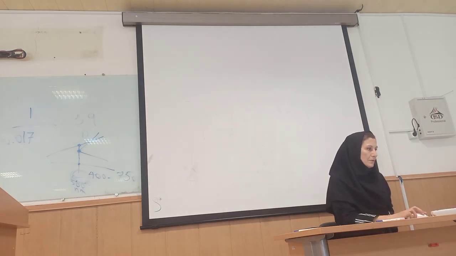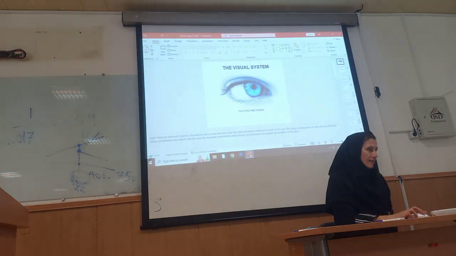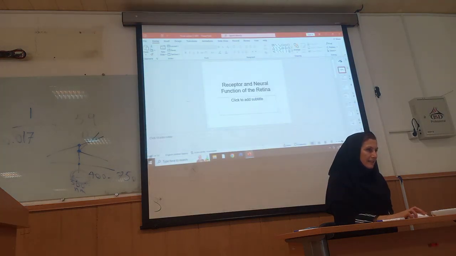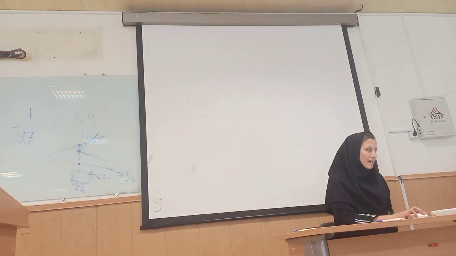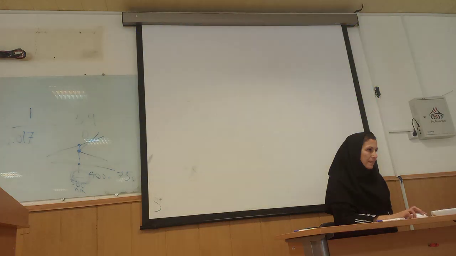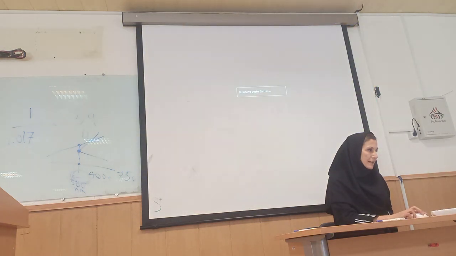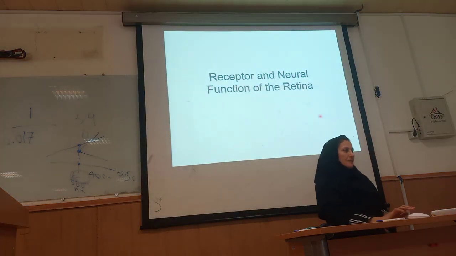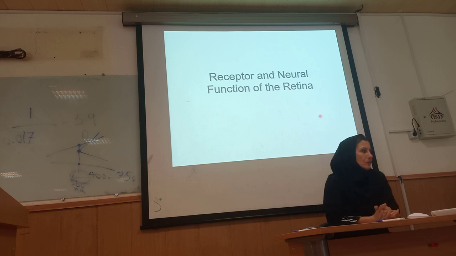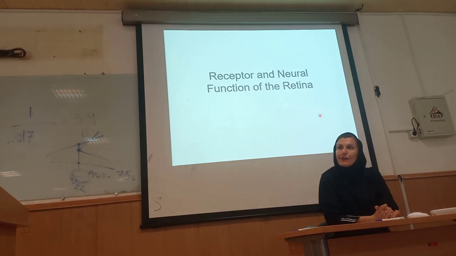We need to go to the other side. Okay. Here, again, the other part that I want to explain is about the nervous system: receptors and neural function of the retina.